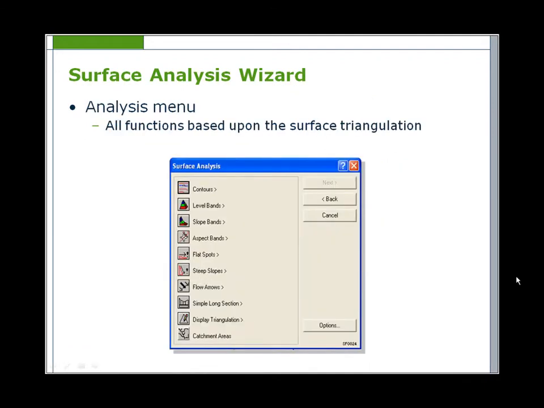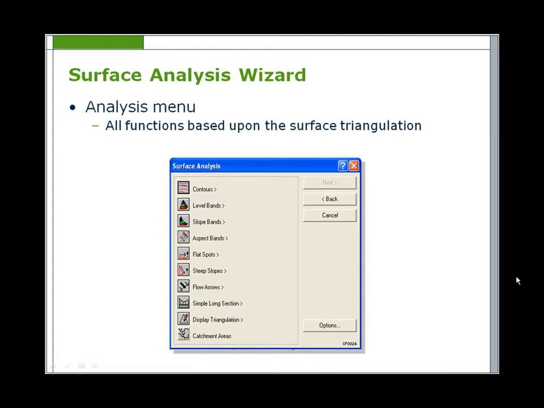We then have the Surface Analysis main menu. On this panel, we can select contours to create the contours. We can then select level bands, and level bands will look at the highest level on the site and the lowest level on the site, and that will give us a level difference throughout the site, and we can divide that level difference into a number of bands, and MX will color those bands in on the screen for you.